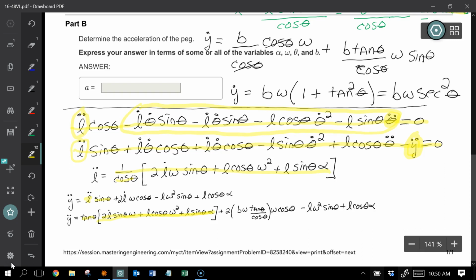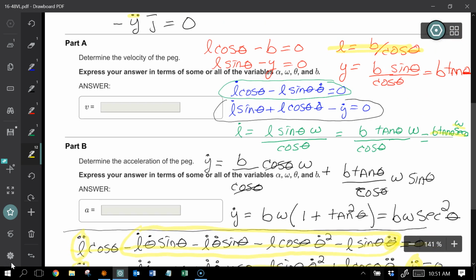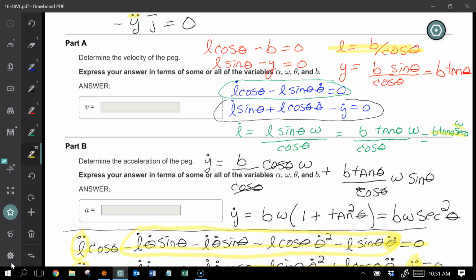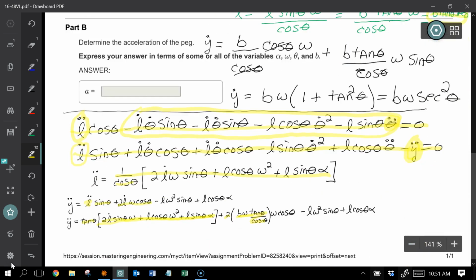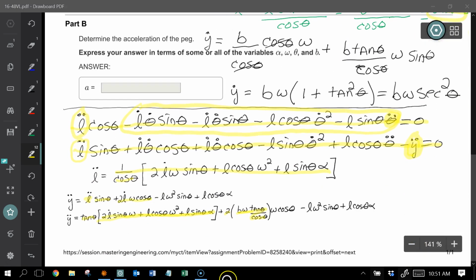And then this term is 2 L dot omega cosine, with the L dot from up here. And then here is minus omega squared sine theta, just brought down, and then L cosine theta alpha.